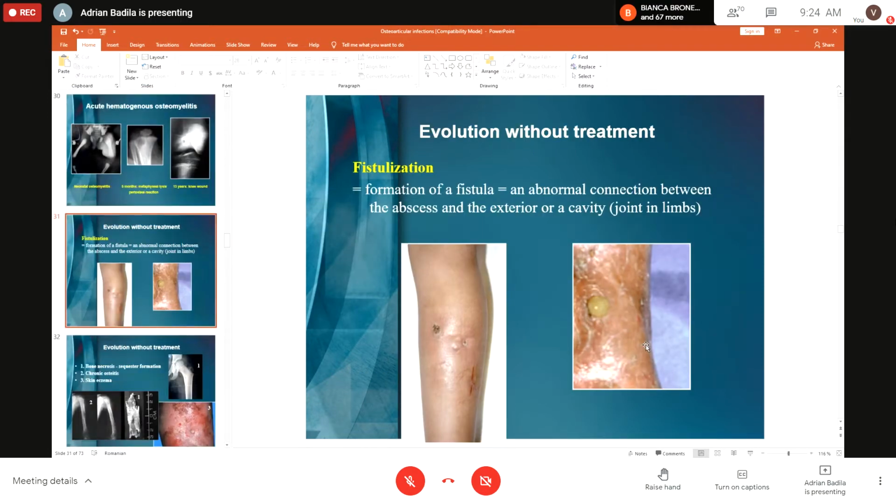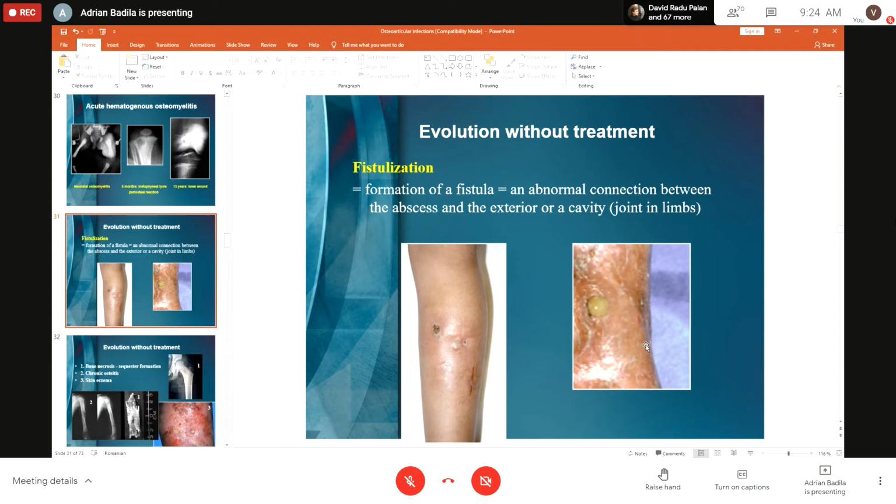The evolution of acute osteomyelitis without treatment is towards the formation of a fistula, that is an abnormal connection between the abscess and the exterior, or a cavity.